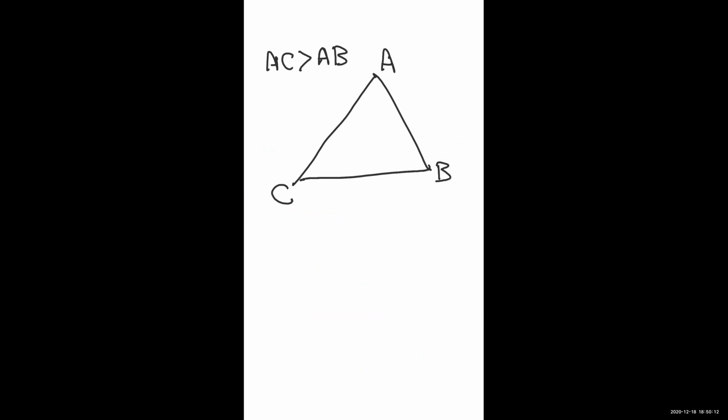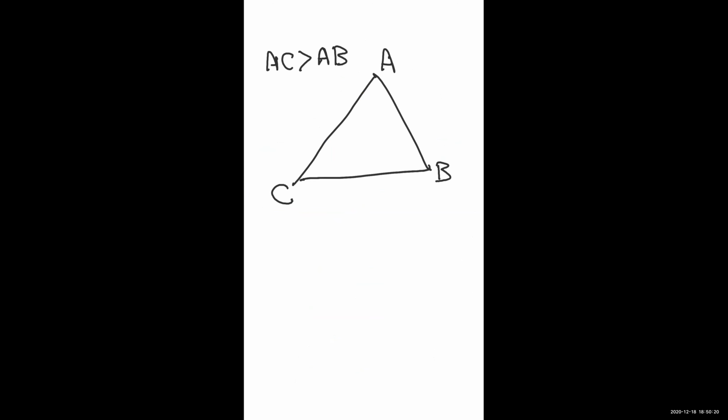There is a triangle like this one, ABC, in which AC is greater than AB. And BM bisects ABC, and CM bisects ACB.